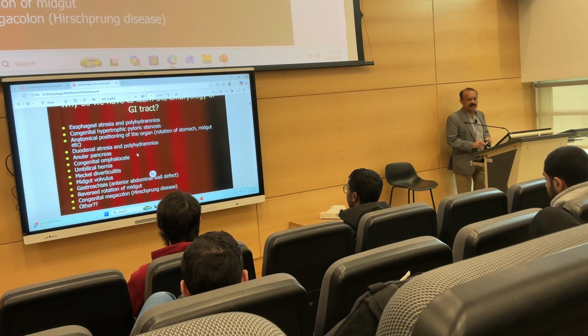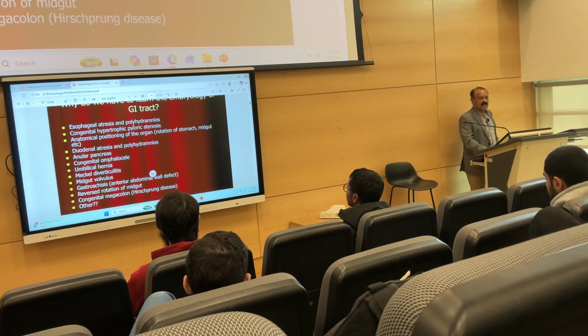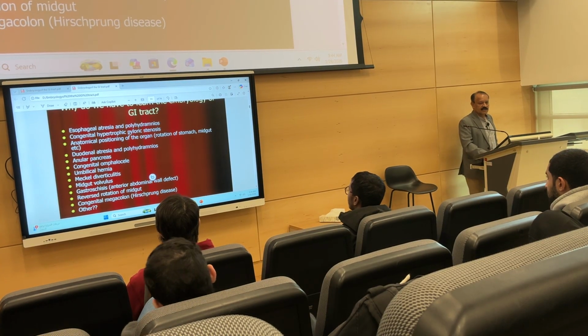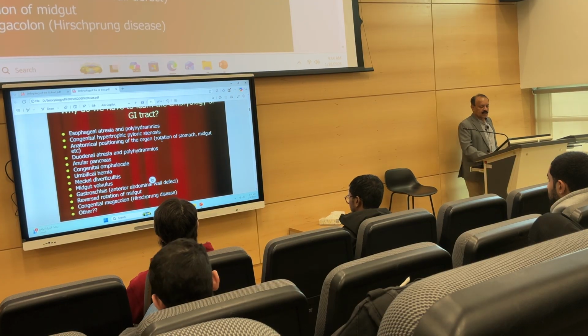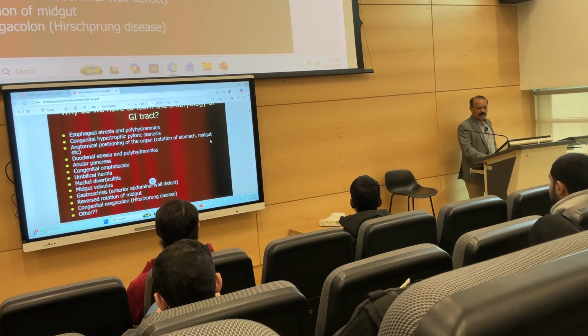See how many you have done. Esophageal atresia, polyhydramnios. Say yes to me that you understand 100%. Yes. Congenital hypertrophic pyloric stenosis, 100%, right? Anatomical positioning of the organ, the rotation of the stomach, understand? Midgut, forget it for now. I'll do it next time, next class. But the rotation of the stomach is 100%.